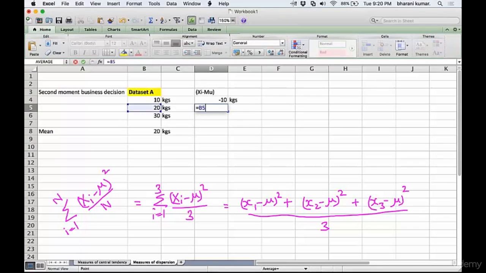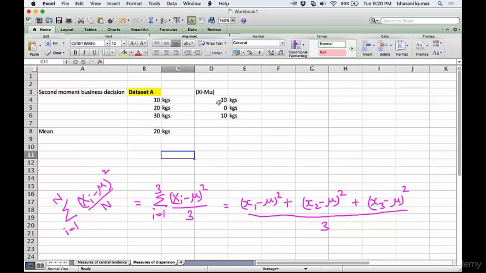So x2 is here minus mu is here. It is 0 kgs. Then we have x3 minus mu. Here we have x3 minus mu, and we have 10 kgs, right?